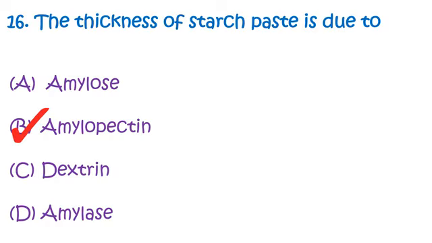In contrast, the amylopectin is more water soluble, and when dissolved it raises the viscosity of the water even when the temperatures are around 60 degrees Celsius. So the thickness of the starch paste is mainly due to the amylopectin, even in cold conditions or when the temperatures are not much higher.